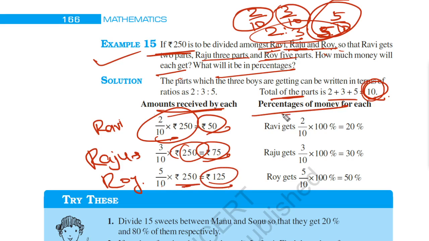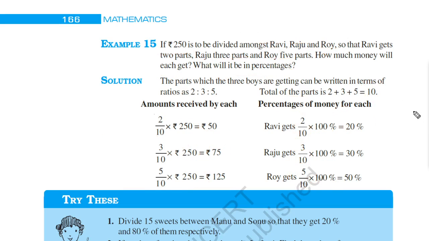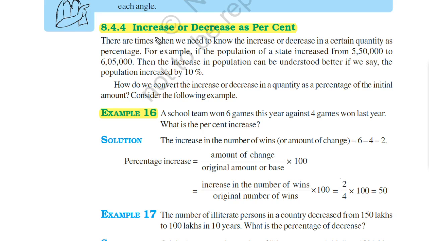Similarly, for percentage, 2 by 10 into 100%, it will be 20%. 3 by 10 into 100%, similarly 5 by 10 into 100%. So this is how we can convert ratio to percentage.